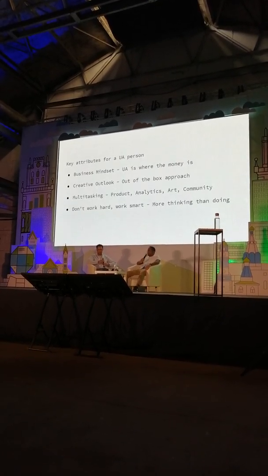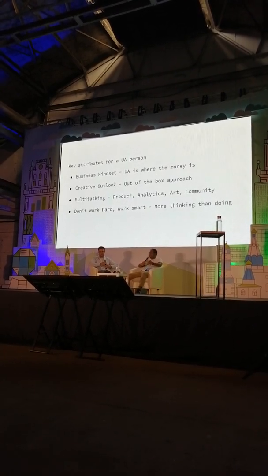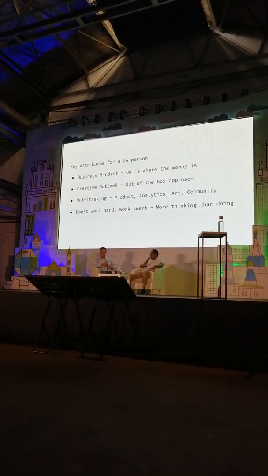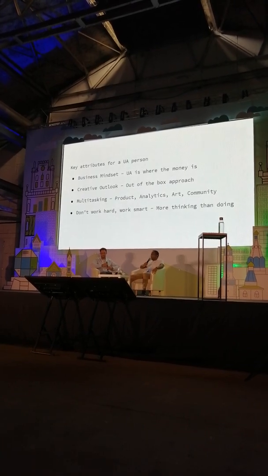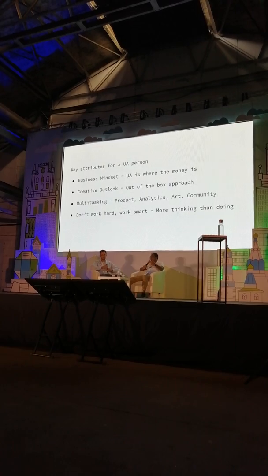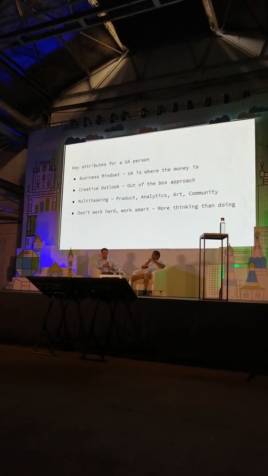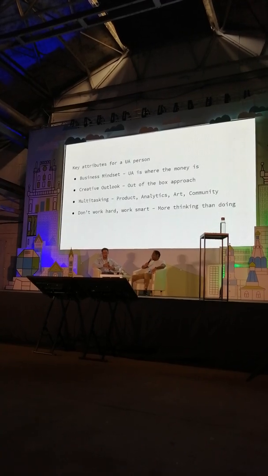And then a UA person needs to be someone who can multitask, essentially work with product, community, art, and analytics, and bring those divisions together and understand how each of those departments work well together. It's not just someone who focuses on one field, but someone who works across all those departments.